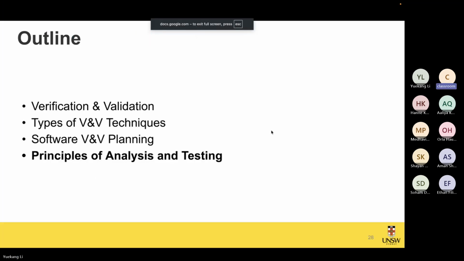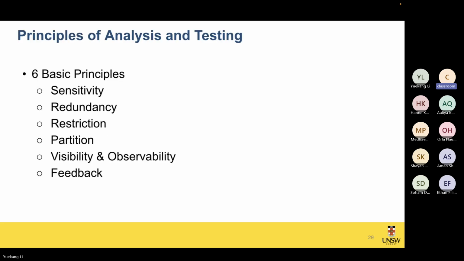So we learned how to do planning to apply these techniques in practice. And now let's learn some more theoretical things, like the principles of doing these analyses and testing. There are 6 basic principles.